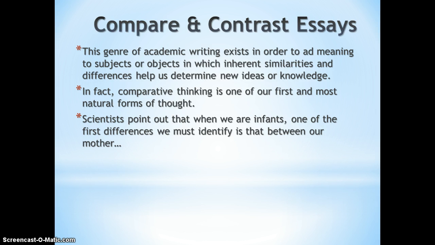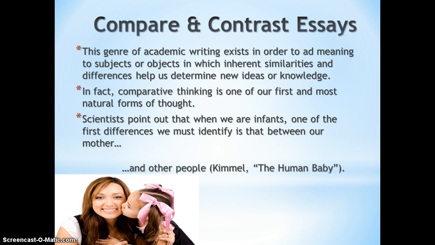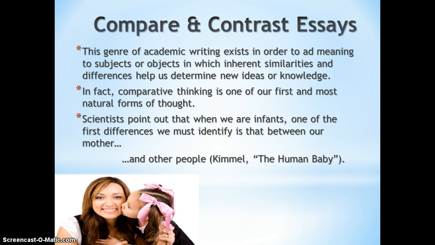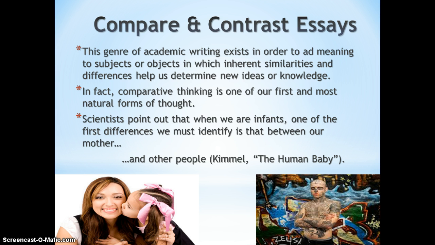But scientists point out that when we are infants, one of the first differences we must identify is between our mother and other people. So even when we're babies, we're making distinctions between people already. We're comparing and contrasting. Our developing minds automatically compare and contrast safe people versus scary people.